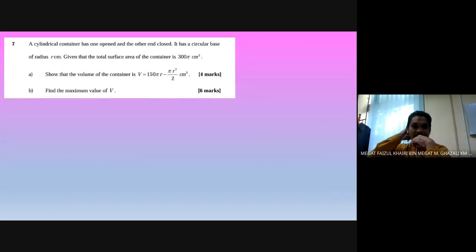A cylindrical container has one end open and the other end closed, has a circular base of radius r. Given the total surface area is 300 pi centimeter square. For this one, hold on.